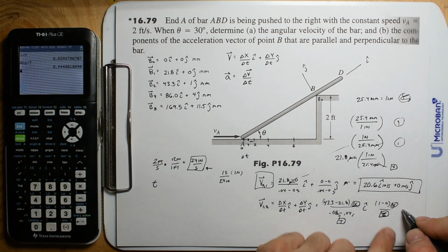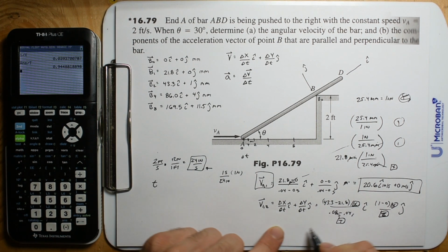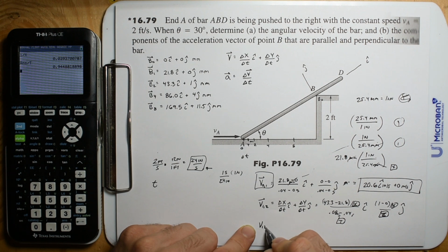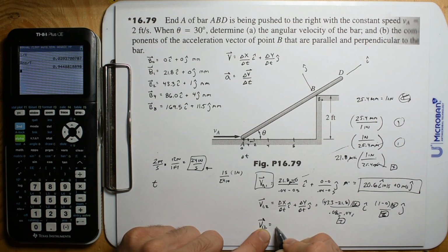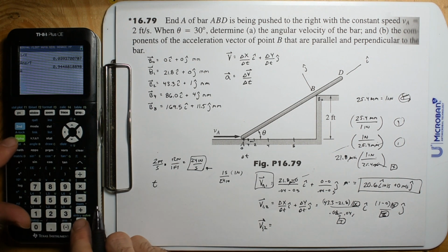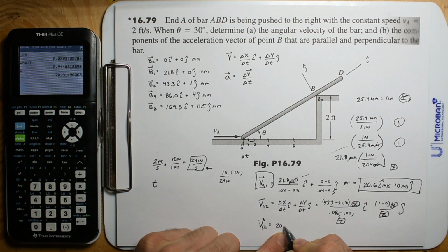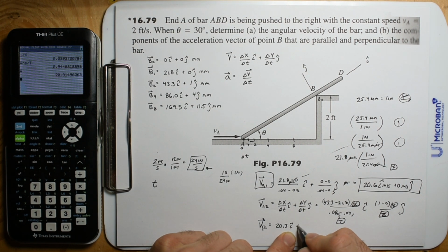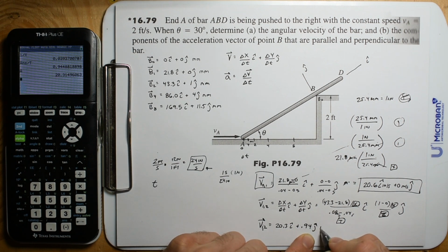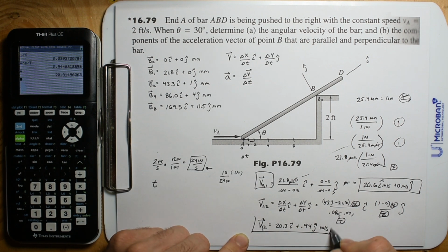Sweet. So we're going to have that in the j hat. So this is going to be 20.3 i hat plus 0.94 j hat inches per second. So there's our second one.